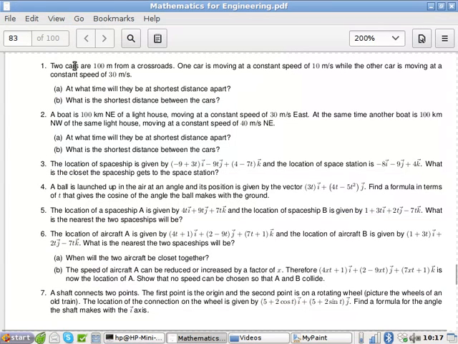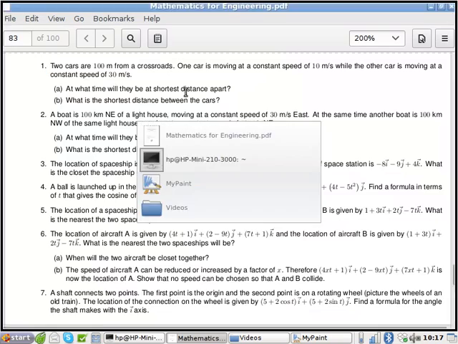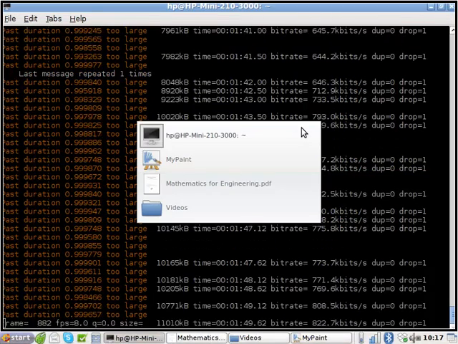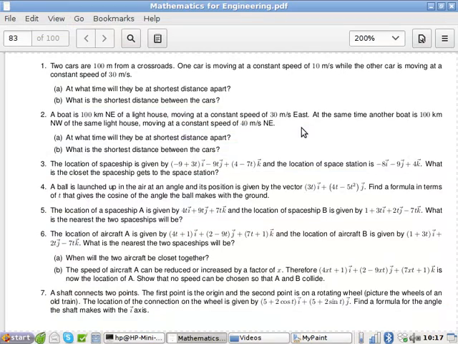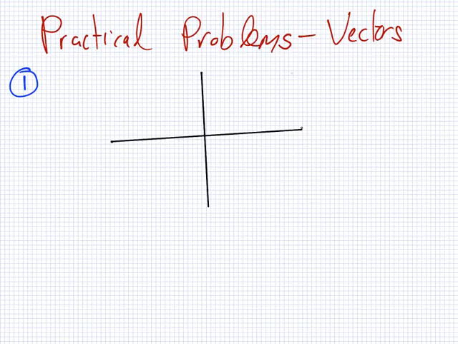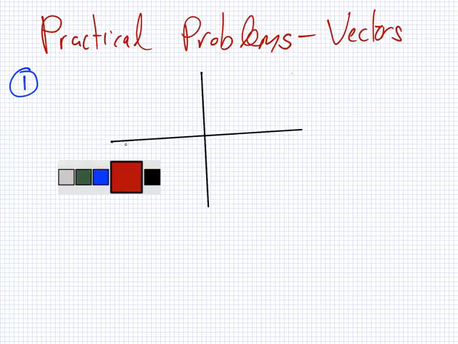Right, two cars are 100 meters from a crossroads. So you have a crossroads, and there are two cars and they're both 100 meters from the crossroads.